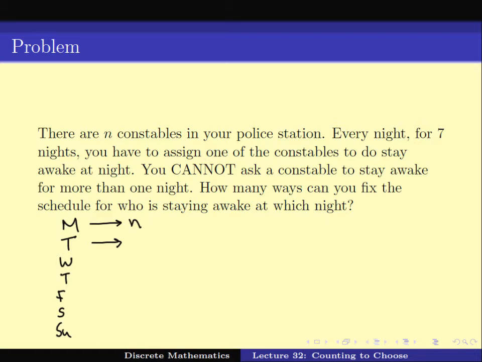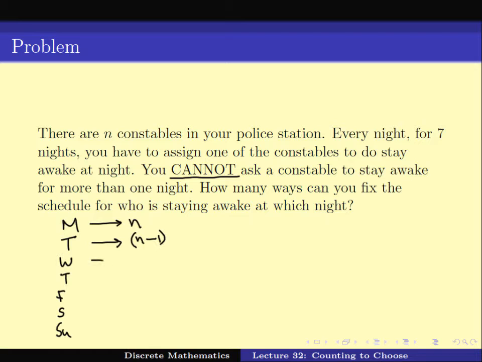The person who has already done the Monday night cannot be asked, because a constable cannot be asked to do 2 nights. So he is out of the question. So I am left with n-1 possibilities, which means that on Tuesday I can fill this position in n-1 ways.